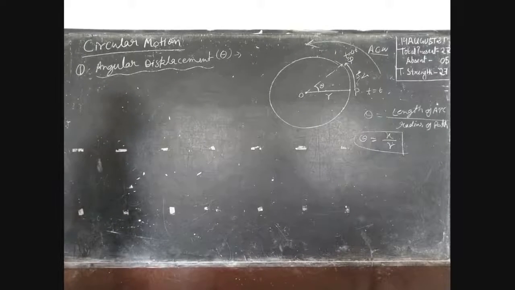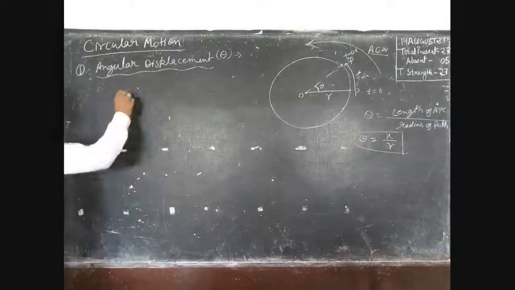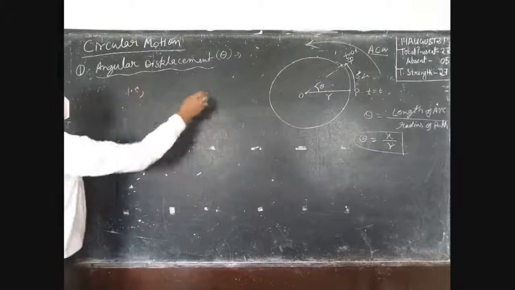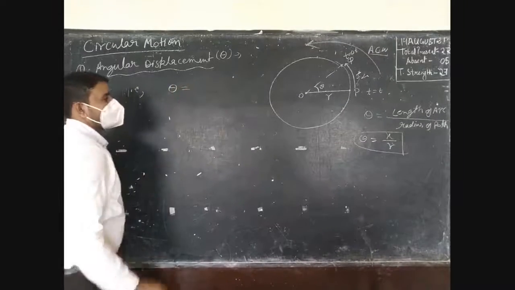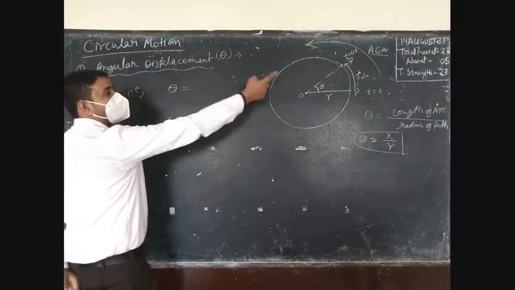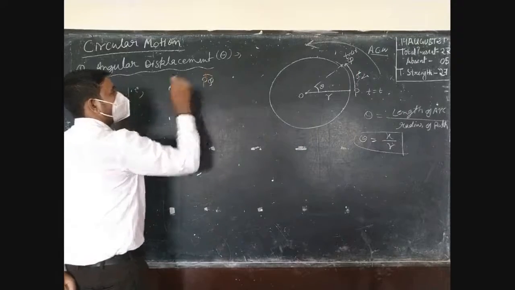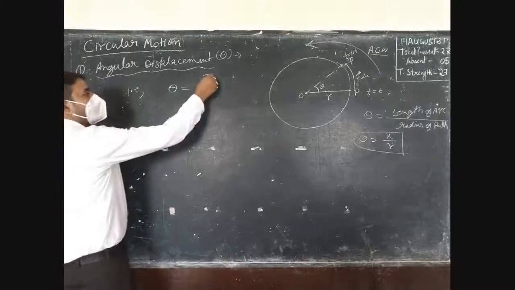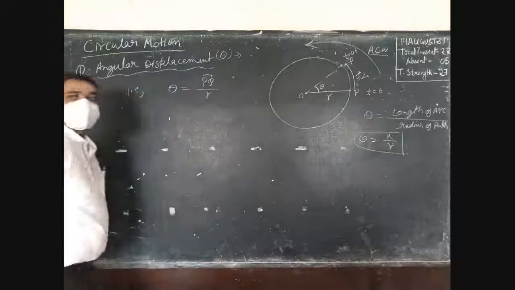It is denoted by theta, that is, angular displacement is equal to the path traced by the particle from P to Q with the radius vector r.